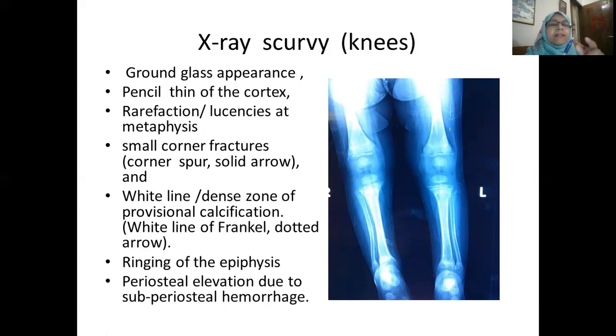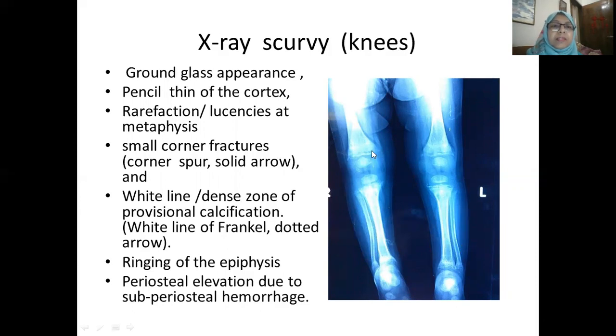Where is the pencil thin cortex? Here, this line: you can draw the tip of a pencil over the cortex. It is thin like that. Pencil thin cortex.